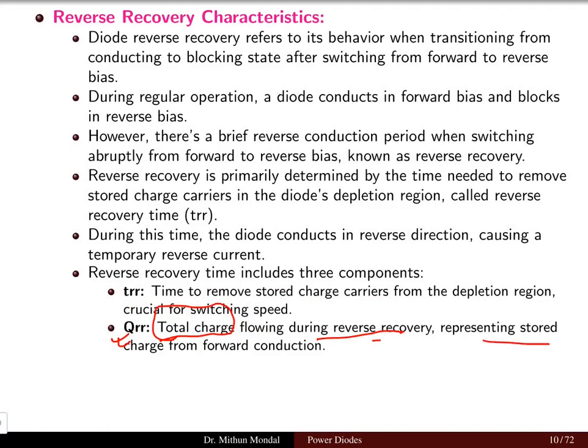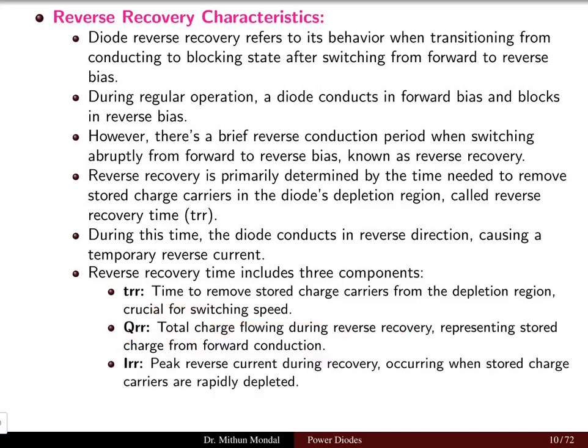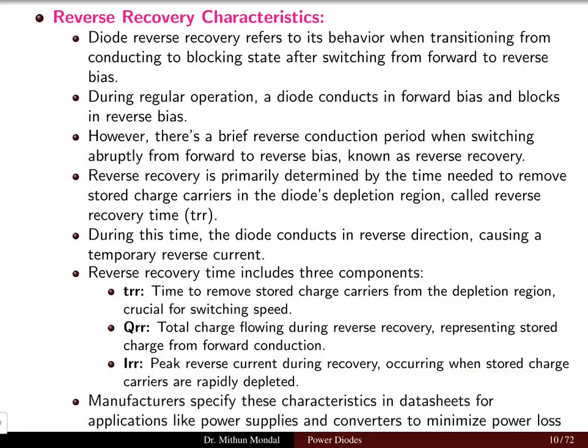It represents the stored charge from the forward conduction when the diode was in operation. Third, the current: the peak reverse current during recovery, occurring when the stored charge is rapidly depleted. So the first factor is time, the second is charge, and the third is the current when the diode is under reverse bias, and this is for a very small duration of time.